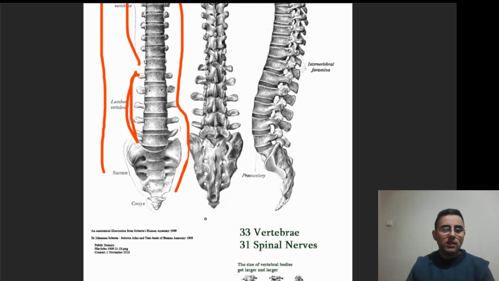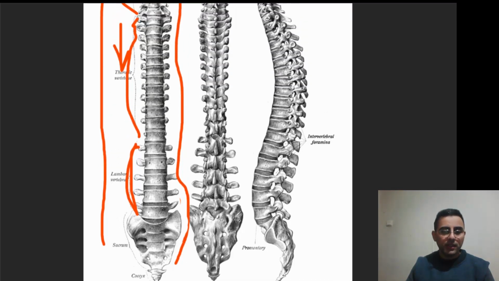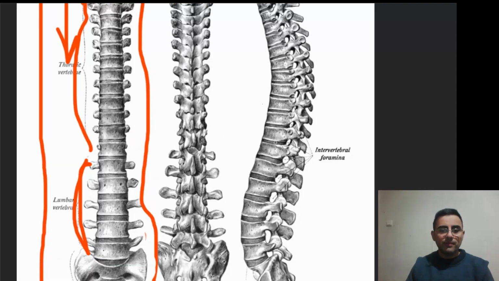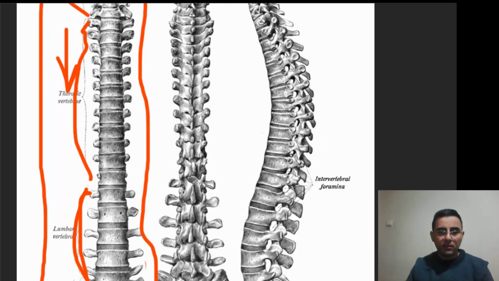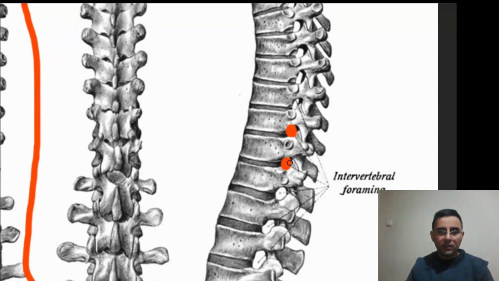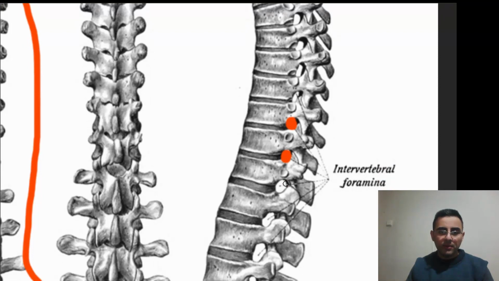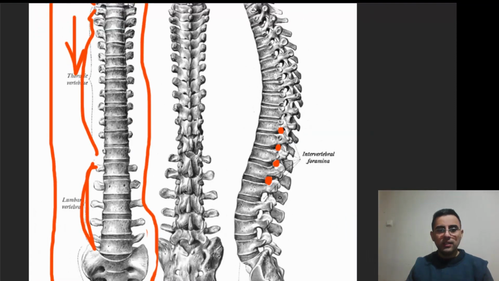Okay, human spinal column has 33 vertebrae and 31 pair of spinal nerves. Spinal nerves coming from here. If we look at the lateral view of spinal column, you can see holes here. It is called intervertebral foramen. And spinal nerves are coming out of these intervertebral foramens.